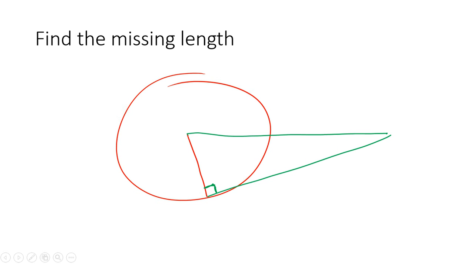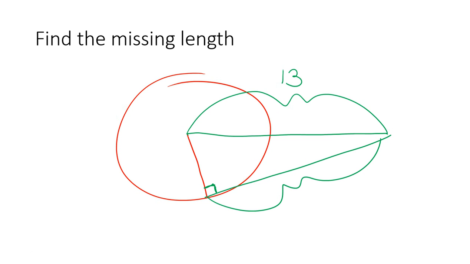Now if I wanted to find the length of the radius, and I know that this length has to be 13 and this length is 12, what am I going to do to find the radius, or that red line that I've drawn?